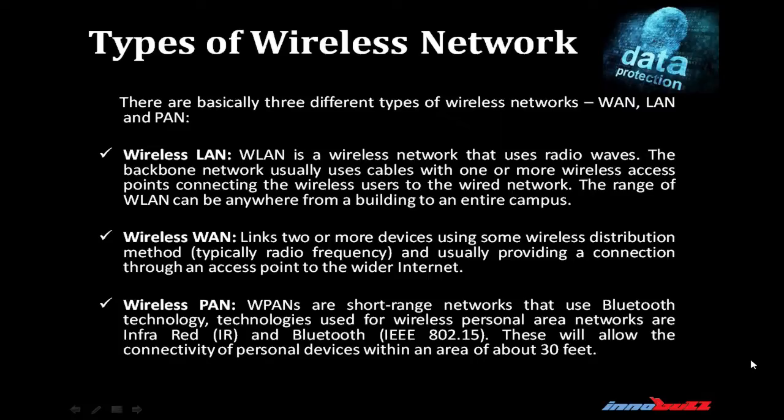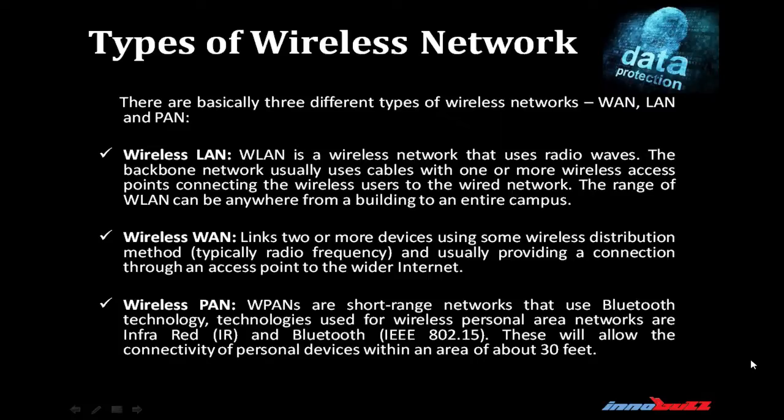The range of wireless LAN can be anywhere from a building to an entire campus. Wireless WAN links two or more devices using some wireless distribution method, typically radio frequency, and provides a connection through an access point to the wired network or the wired internet.